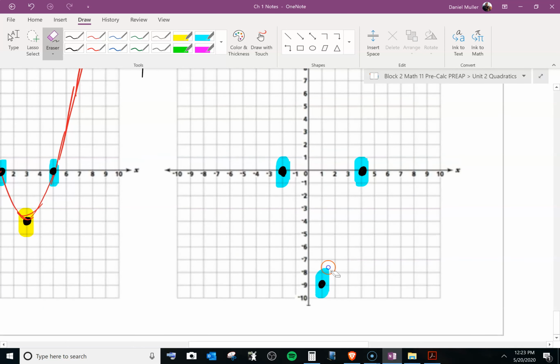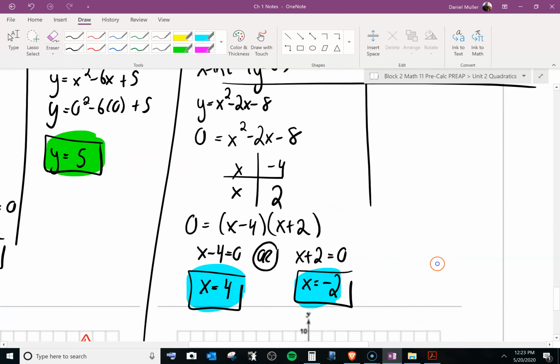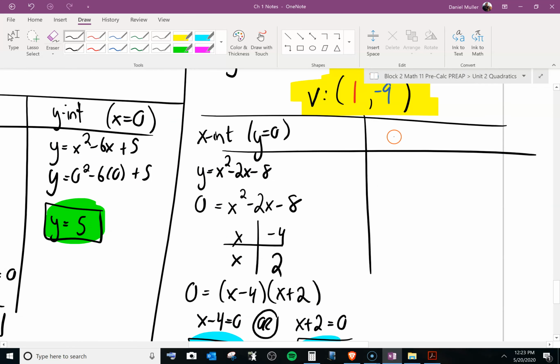Oops. And I now need to do my y-intercept. Okay. So my y-intercept happened when I make my x equal to 0. So y equals x squared minus 2x minus 8. So now I'm going to make my x 0.